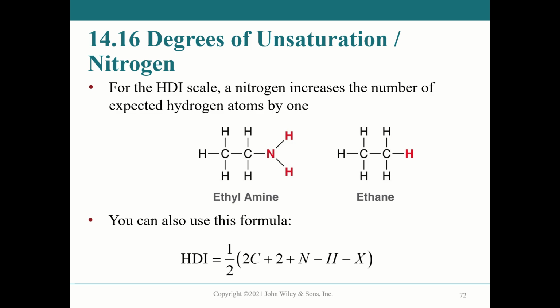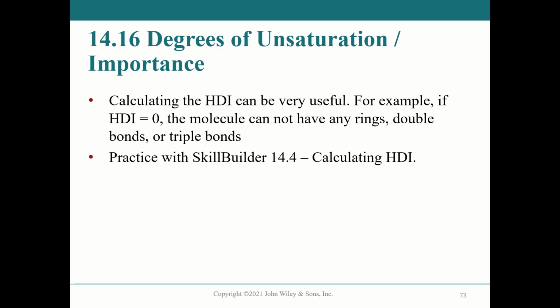Essentially, in your notebooks, have this entire formula written: 1/2 times the quantity, 2 times the number of carbon, plus 2, plus the number of nitrogen, minus the number of hydrogen, minus the number of halogens. And at that point, you have your degrees of unsaturation.